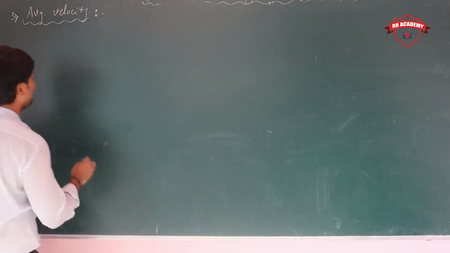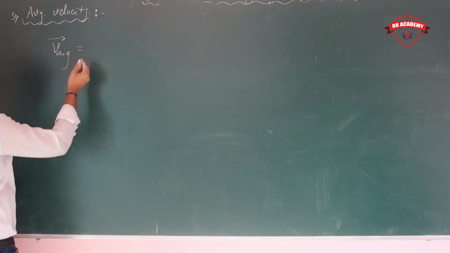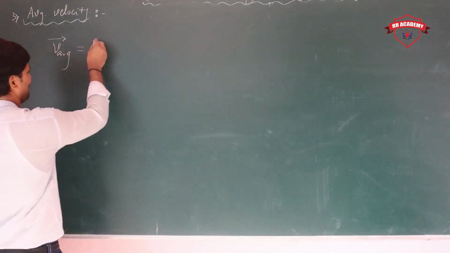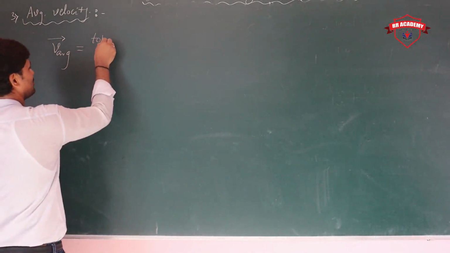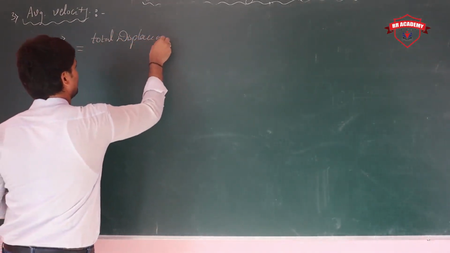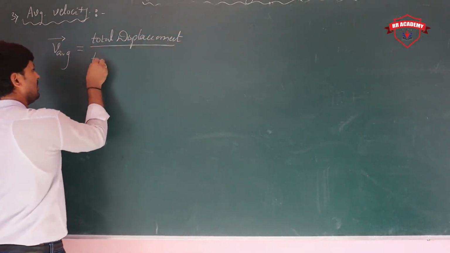See here, the average velocity, remember we write it as v bar because it is a vector quantity, is nothing but the total displacement traveled by the body divided by the total time.